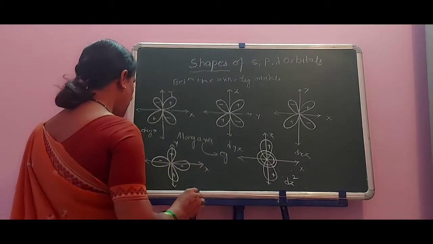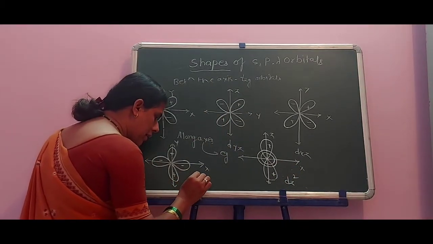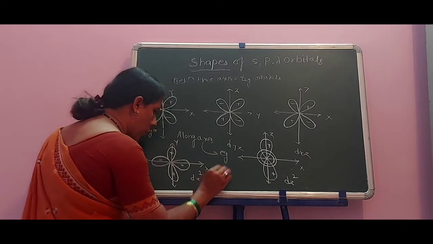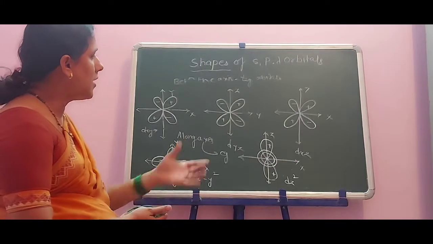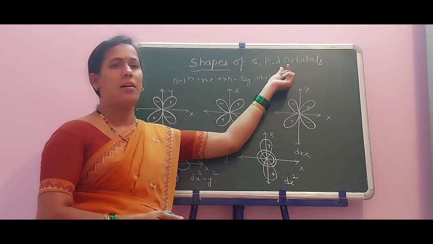Z square orbital, and here dx square minus y square. Okay, now this is the diagrammatic representation of d orbitals.